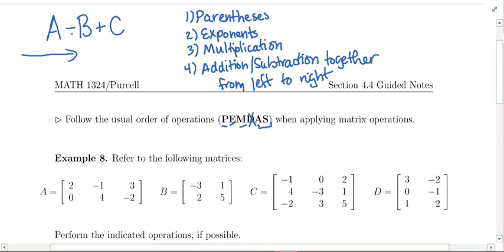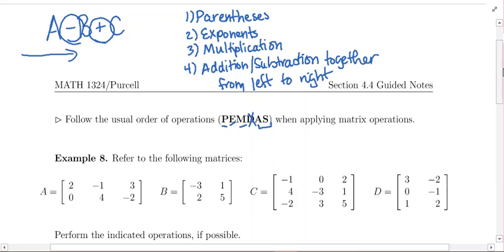Moving from left to right, you do the subtraction first. So you would do A minus B, get that result, and then add the C. Don't think that because addition is listed first in PEMDAS you need to do the addition first and then the subtraction. Addition and subtraction are done together from left to right, both for just numbers and for matrices.